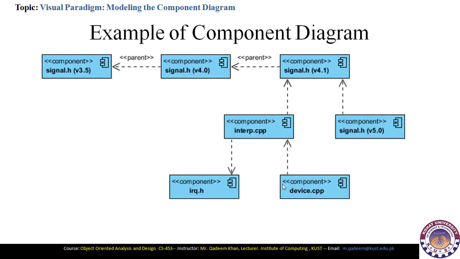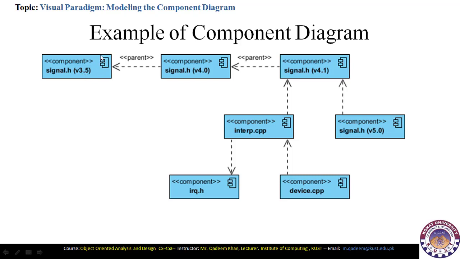Now this is the example of a component diagram. You can see that this is the signal.h component, and here you can see that we provide the stereotype components. Stereotype means that there is a particular name of these components, and the file in this component is the signal.h file and its version is 3.5.